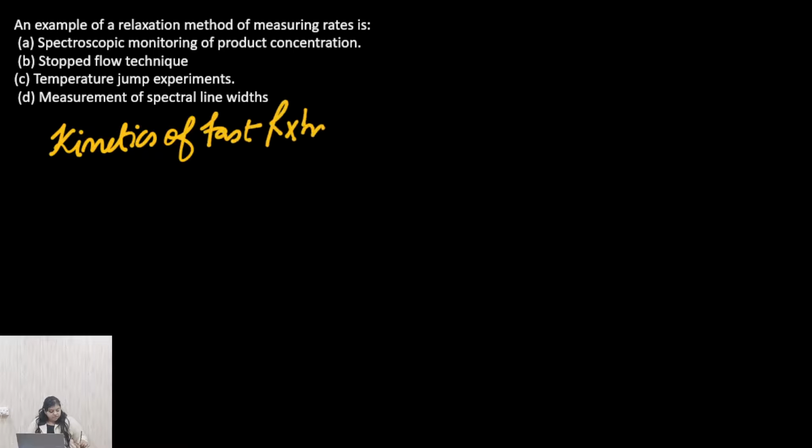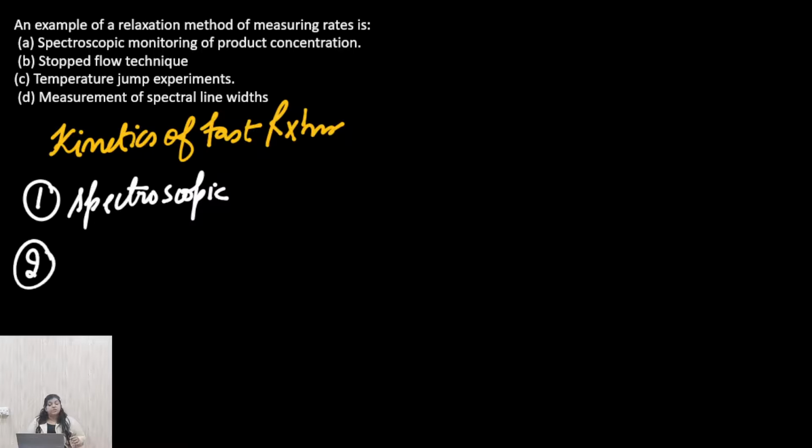Relaxation method is one of the methods. The other methods for the kinetics of fast reactions that we have are generally the spectroscopic method, which is used to study fast reactions. Next, we have the method called the stopped flow method.